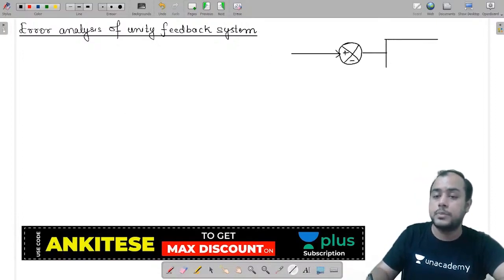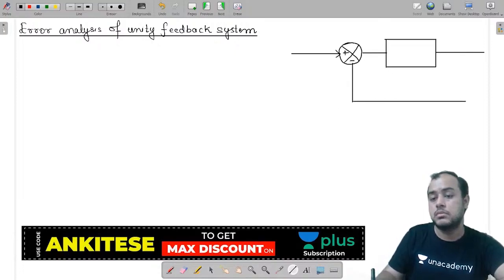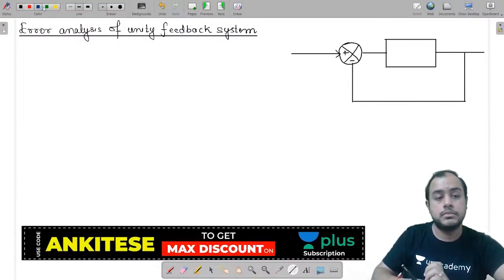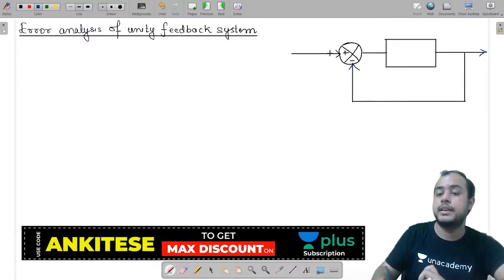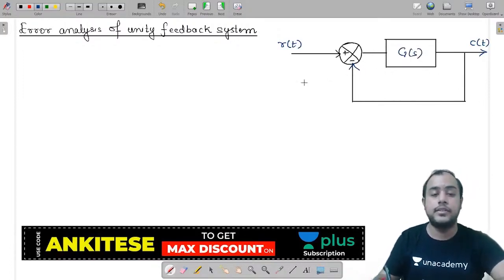This is the forward path system. And this is your feedback, correct? This is R(t), this is C(t), this is G(s), and your H(s) is 1.